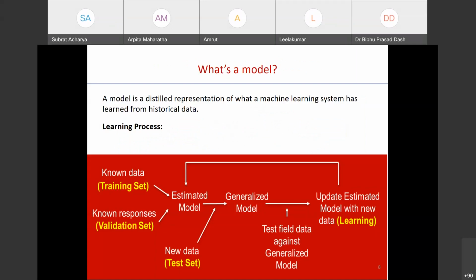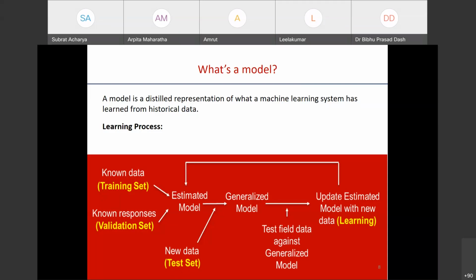So now coming to the model, the model is a stylized representation, and how this model is being built, we are going to discuss with some historical data. Now here we'll have some training data sets, then we'll have one validation data set. The training data set is the known data, whatever we have, and then a known response will be there for the validation data.